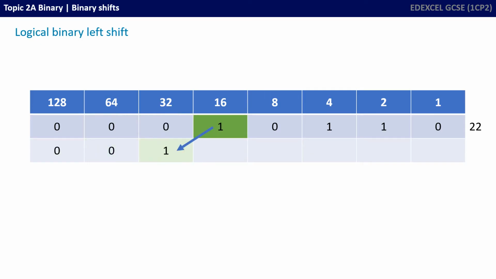The bit in the 16 position shifts to the left. The bit in the 8 position shifts 1 space to the left. The same with the 4 position, the 2 position, and the 1 position. We end up with an empty slot on the far right, which we can simply pad with a 0.